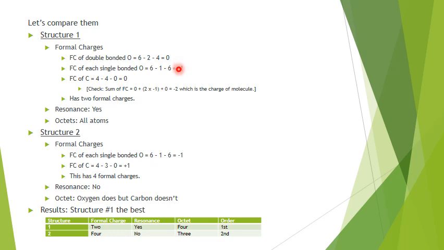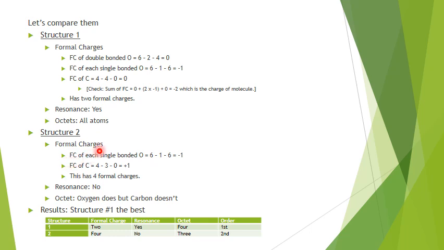Now, those formal charges are actually spread out all over the molecule, so it's not really 2 -1s. It's less than those 2 -1s because of the spreading out. It has resonance structure, and if you go back and look at all the atoms, they all have octets.